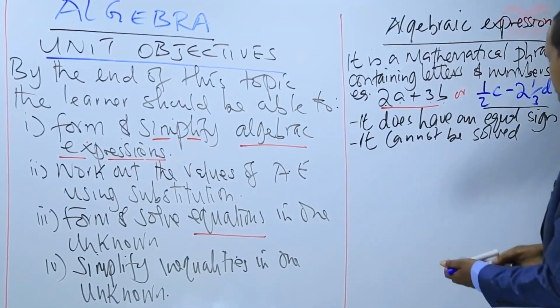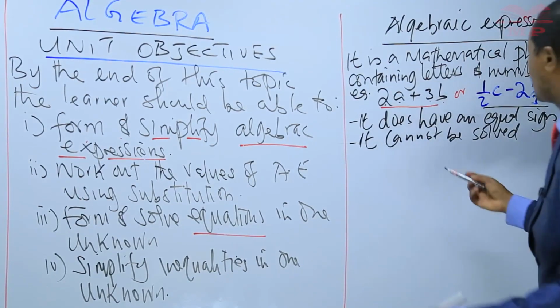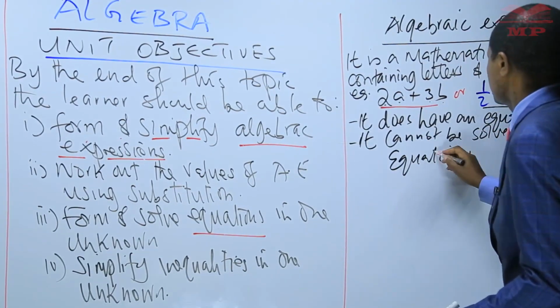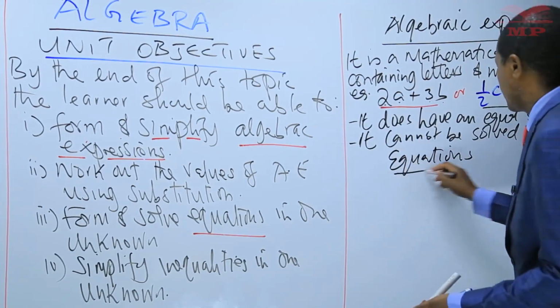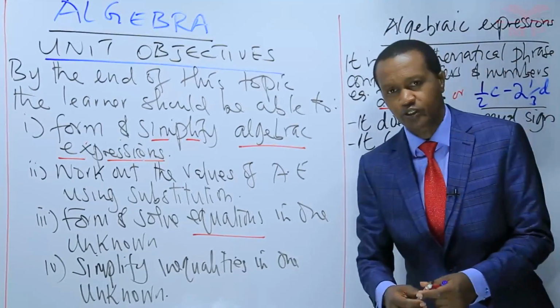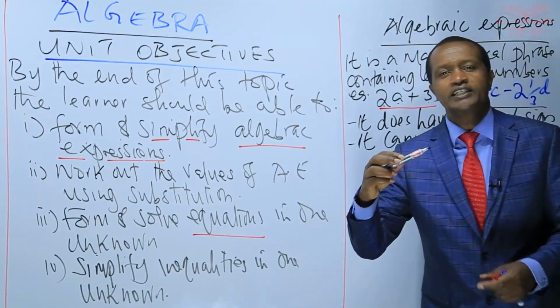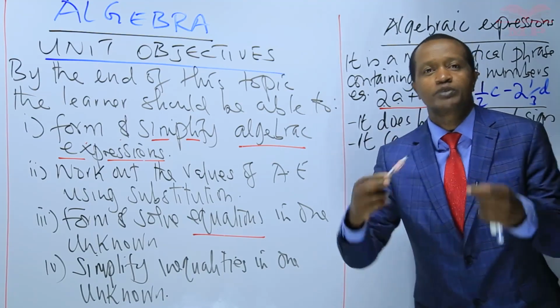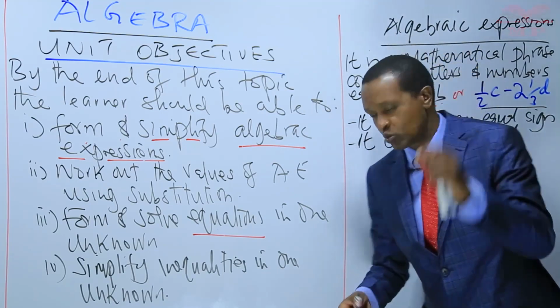Now, how about equations? What is an equation? An equation, learners, is a statement that the values of two mathematical expressions are equal.